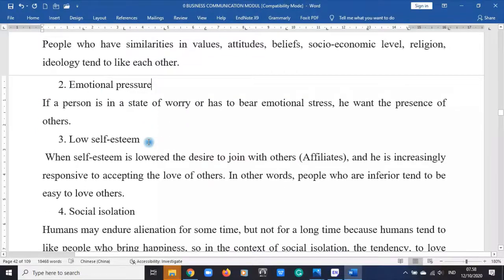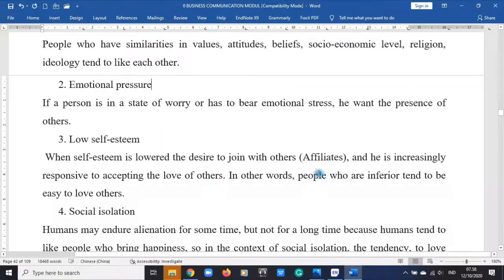And then low self-esteem. When we have low self-esteem, the desire to join other people or to affiliate becomes increasingly higher. Then they will be responsive to accepting the love of others.